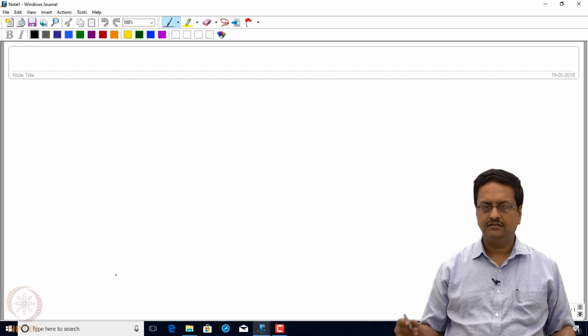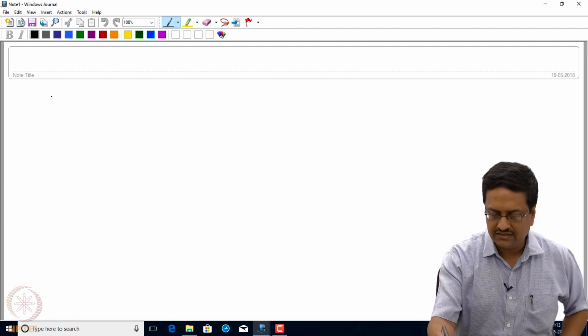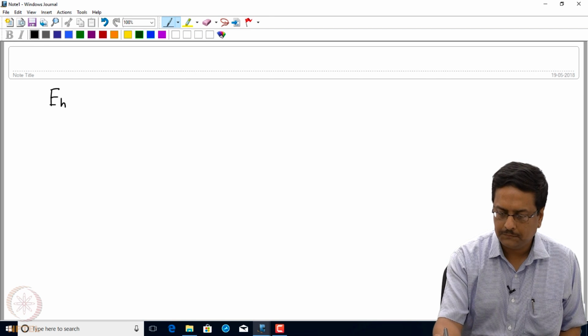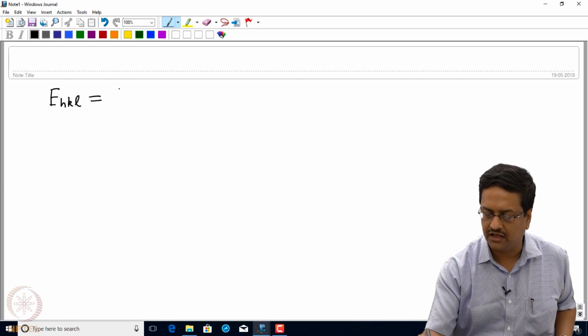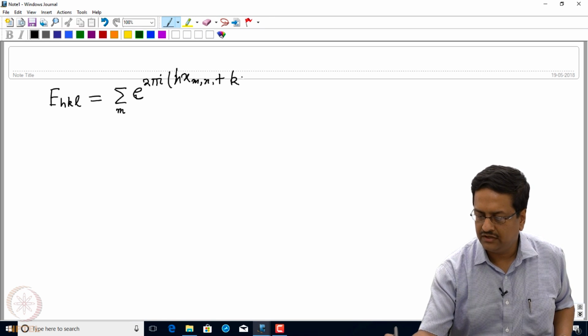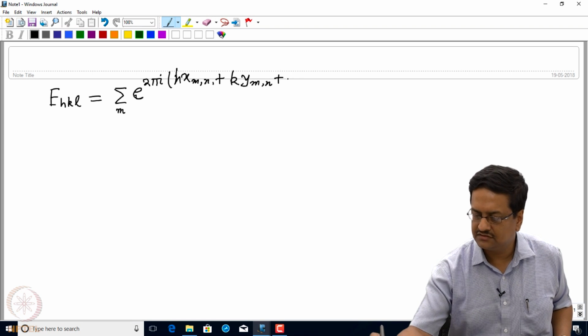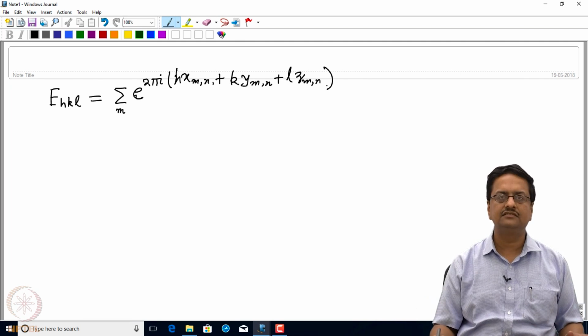As you can recall, when we are trying to calculate the special structure factor expression EHKL, we are doing a sum over m of e to the power 2 pi i (h x_m plus k y_m plus l z_m), where m represents the symmetry related equivalent points.